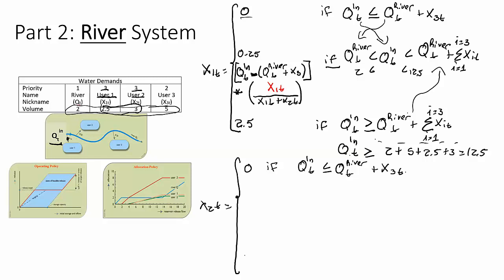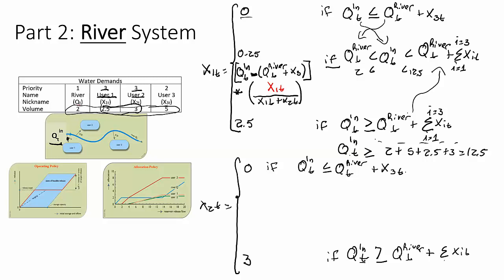It will receive 3 units if, again, the water coming in is greater or equal than the water for the river plus the human water demands for everyone.